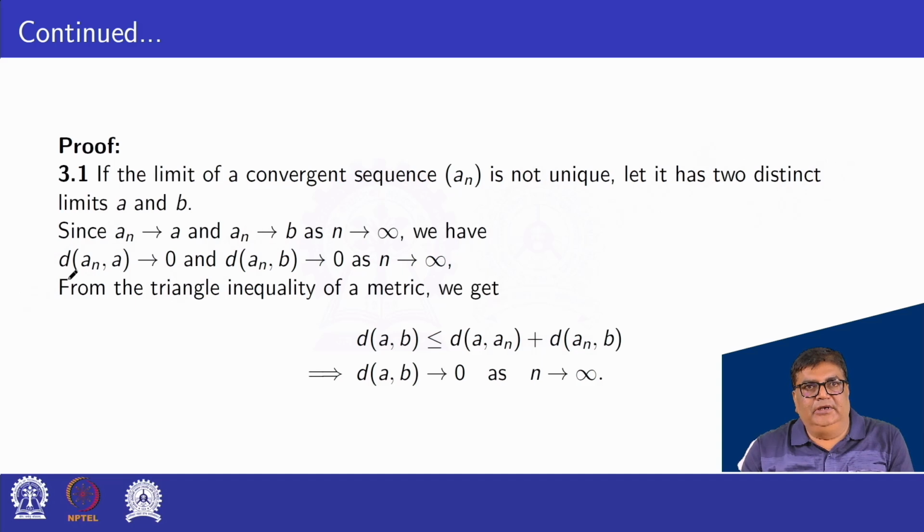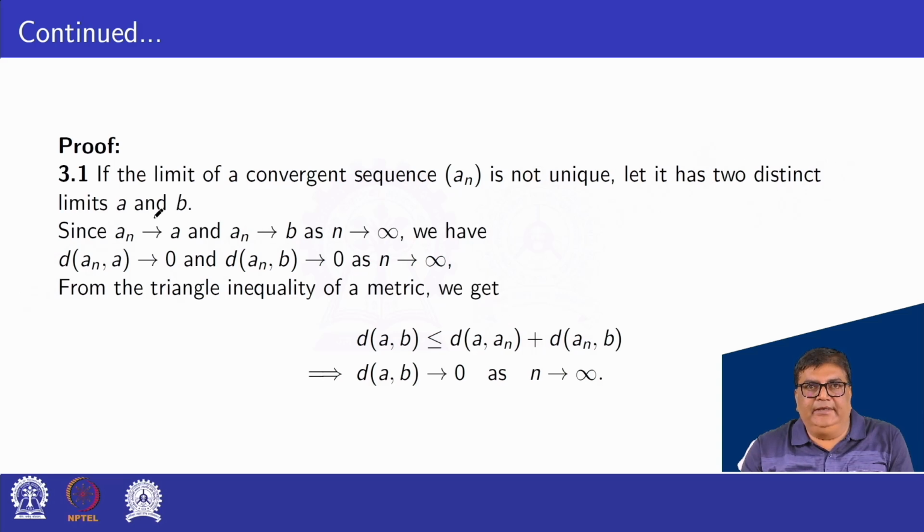That is, d(a_n, a) tends to 0 and d(a_n, b) tends to 0 as n tends to infinity, by the definition of convergent sequence. From the triangle inequality of the metric, we can write d(a, b) ≤ d(a_n, a) + d(a_n, b). That is, d(a, b) tends to 0 as n tends to infinity.